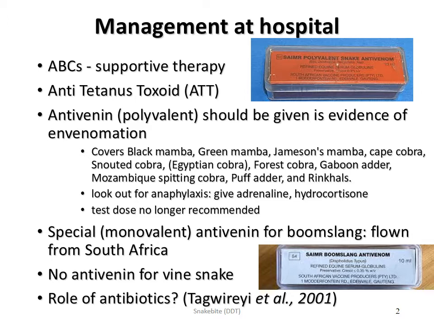So the antivenom that we have here in Zimbabwe, at least the one that comes from the South African Institute of Medical Research, covers for the black mamba, the green mamba, so these two we find them in Zimbabwe, covers for the snouted cobra, Naja annulifera, as well. So snouted cobra was referred to as Egyptian cobra in the past, covers for the forest cobra, the Gabon adder, the Mozambique spitting cobra, the puff adder, and the wrinkles.